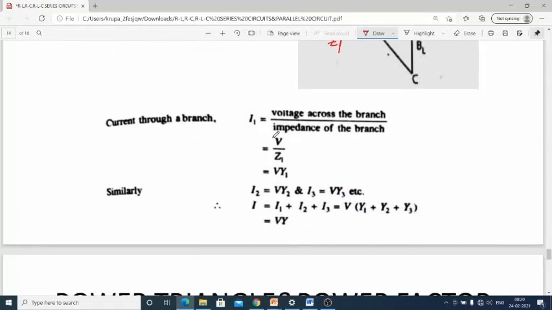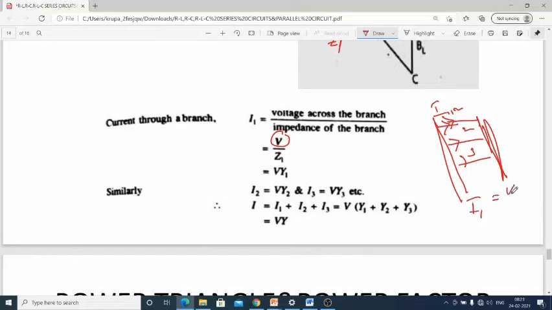Current through a branch is the voltage across the branch upon the impedance of the branch. In a parallel network, with the first branch, second branch, third branch, the current is different, whereas the voltage drop across each branch is the same. So the current through a branch, if it is considered I1, is equal to V upon Z1.